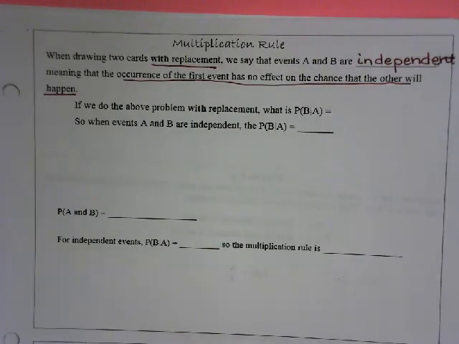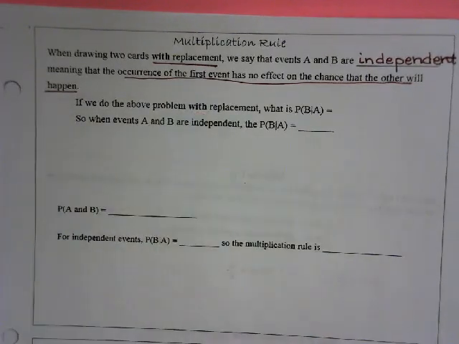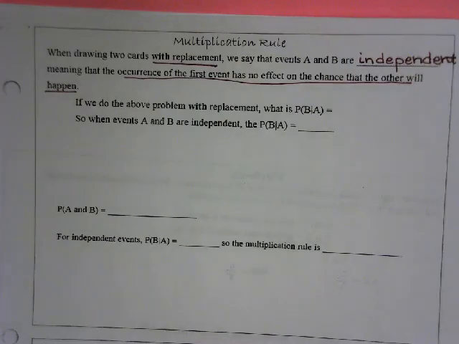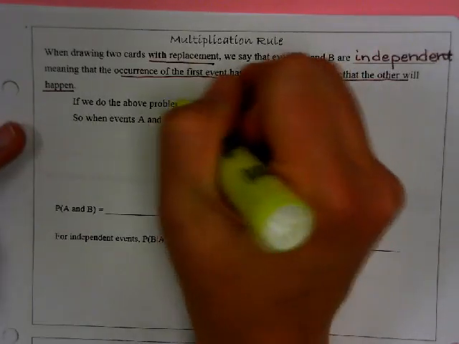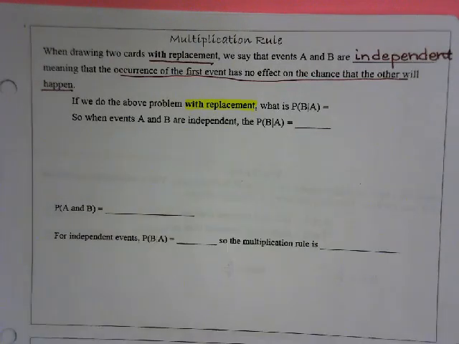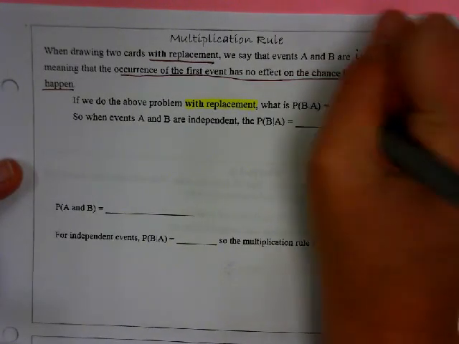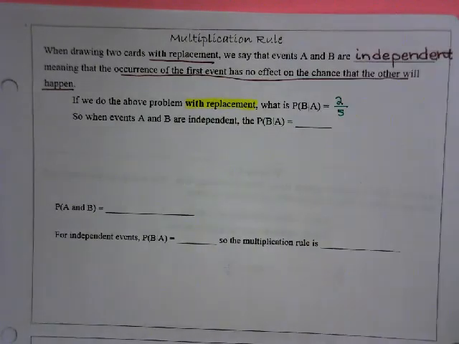So in the warm-up, when we used replacement, put the card back, the probability of B happening given A, B was we drew a second ace, given the first card was an ace, was 2 out of 5 because we put the ace back.